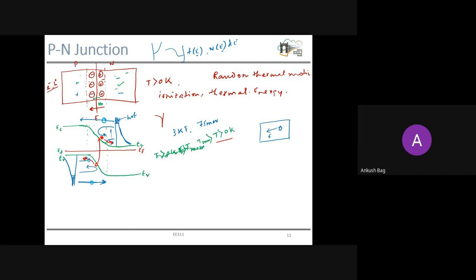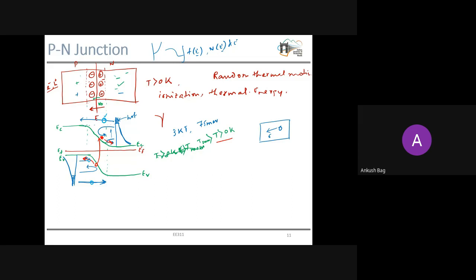And this process is called the drift, because here this red electron movement and hole movement is due to the drift. But this electron movement is due to the diffusion. Now see the fundamental carrier transport mechanisms and how they are involved in this PN junction.